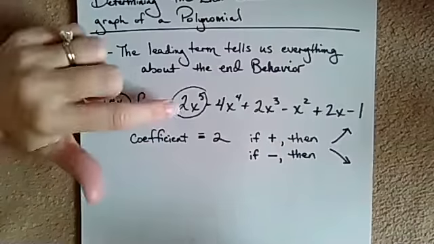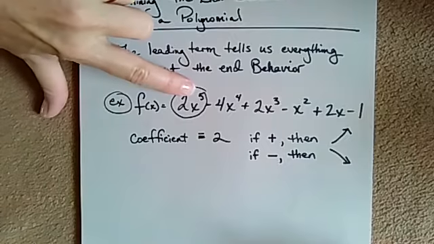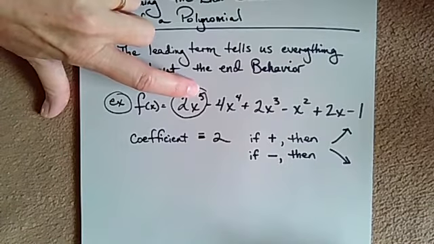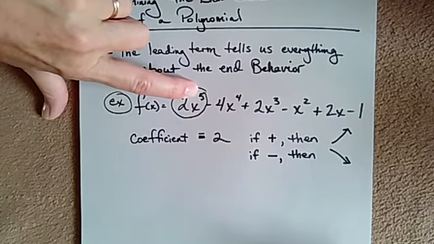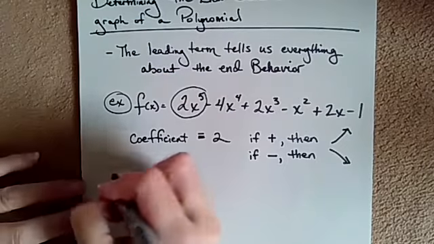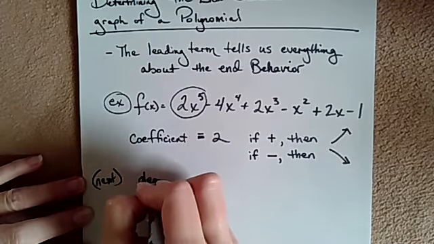Second thing you're going to look at is the degree of the polynomial. The degree is the main exponent. The largest exponent tells you the degree. It's either going to be even or odd. Okay? So next, let's look at the degree.